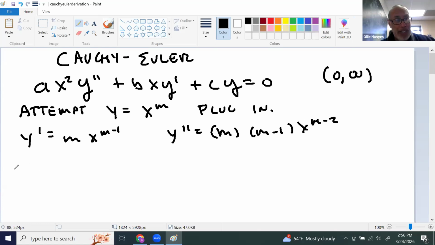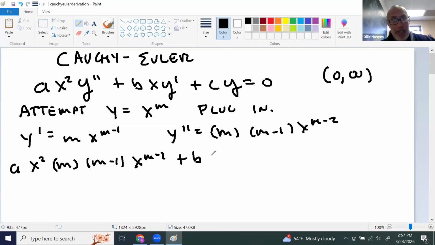And then if you plug this into the differential equation, you get a x squared m times m minus 1 x to the m minus 2, plus b x m x to the m minus 1, plus c x to the m. Now notice this is why the Cauchy-Euler equations are as they are.